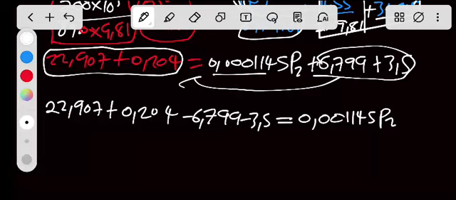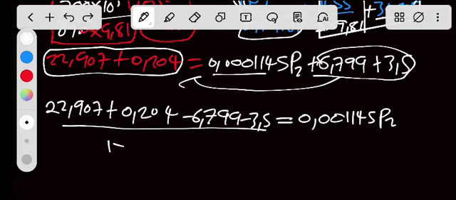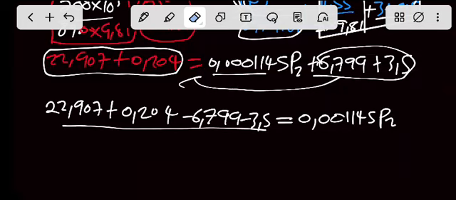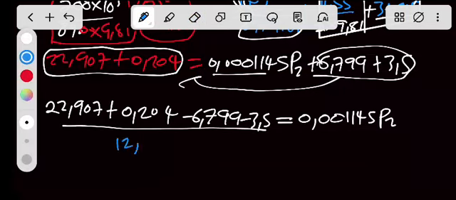All right, then plug this in. What are we going to obtain there? If you have 2.907 plus 0.204, minus 6.799 minus 3.5, this will give you 12.82.